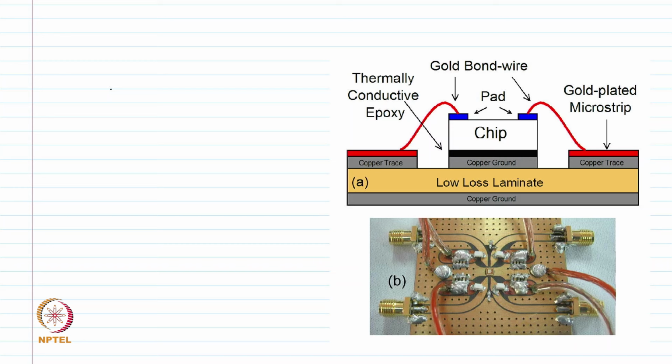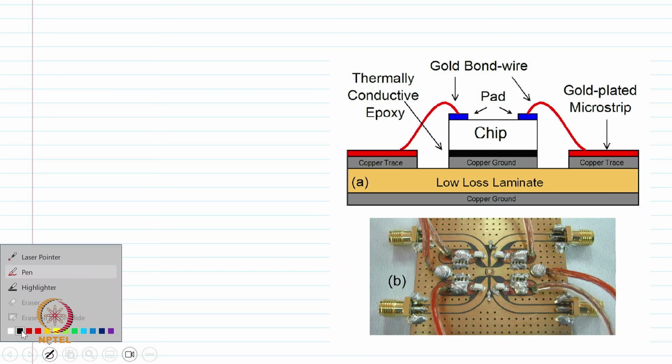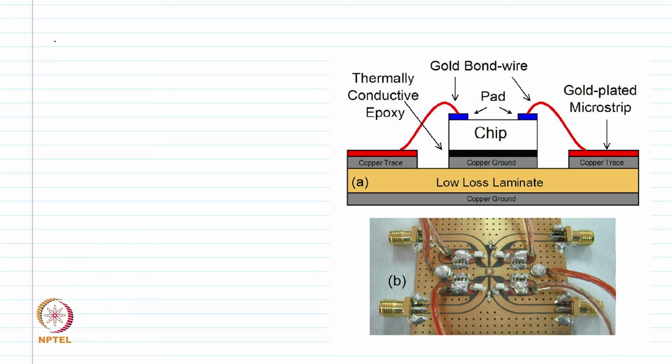So this is the RF PCB. On the bottom we have this RF PCB photo, how it looks.